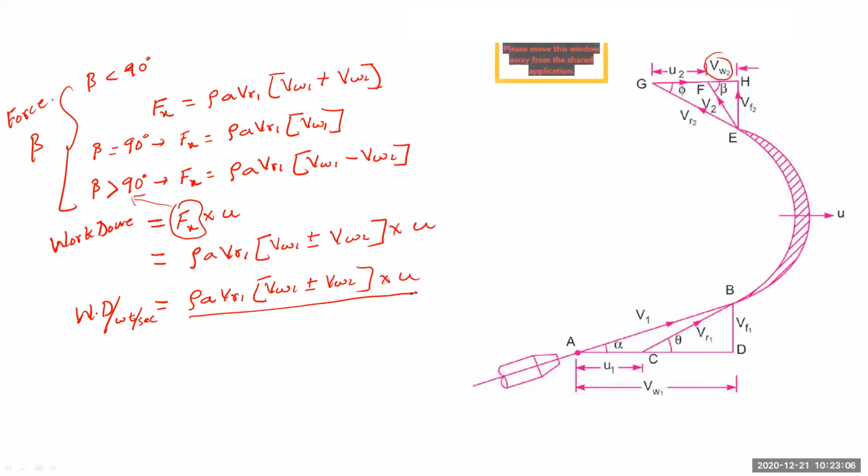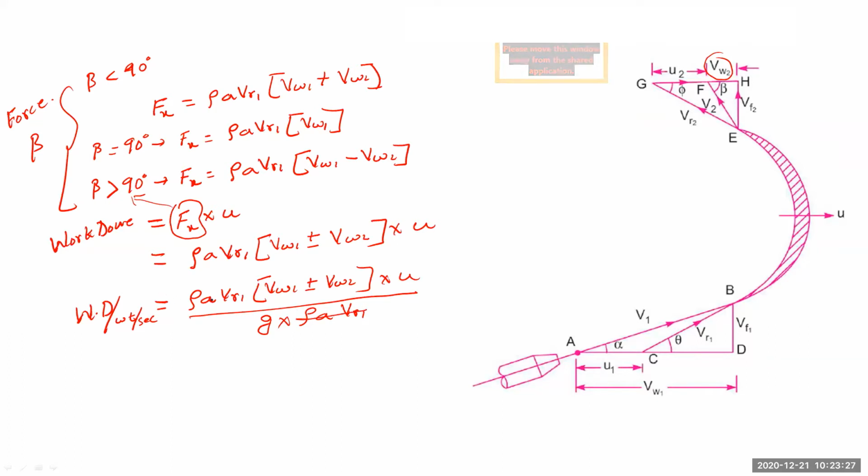Divided by per unit weight. Weight is nothing but mass into acceleration, and acceleration will be acceleration due to gravity, G. For the mass flow rate term we have rho A VR1.